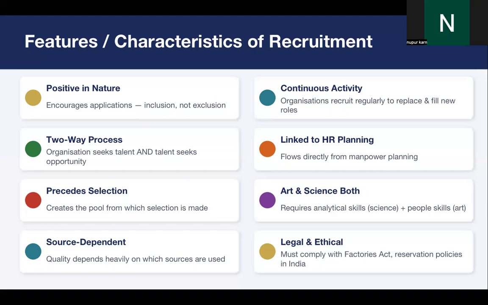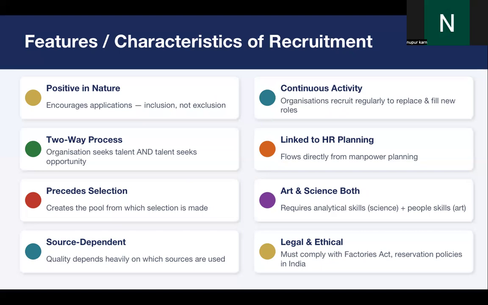For example, if you take a candidate who is just graduating from an engineering college, what does he or she need? He needs a job, right? And what do the IT companies need? They need an engineers. So in that case, they both are a requirement for each other. So it's a two-way process. It's never a one-way process.